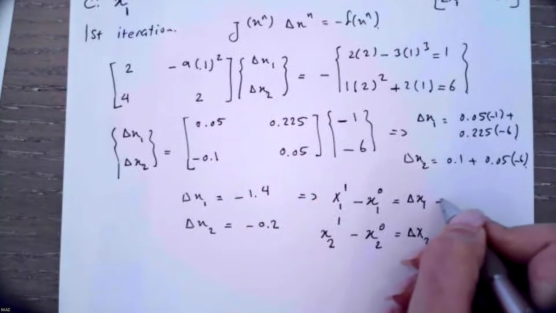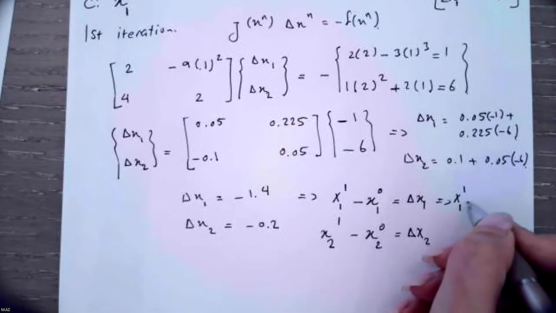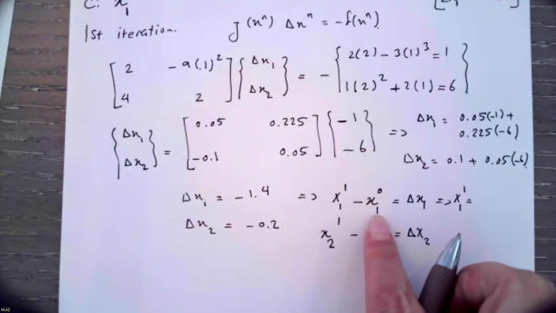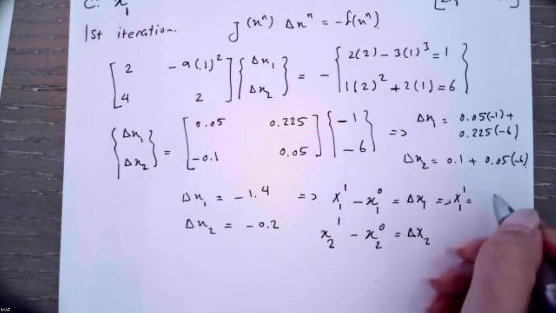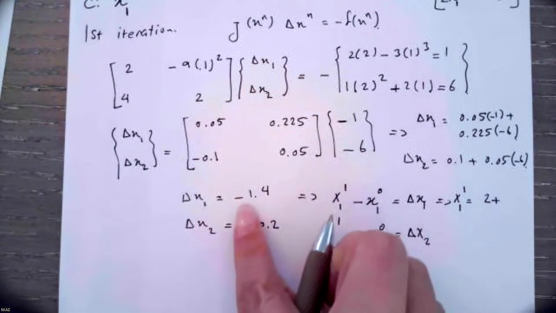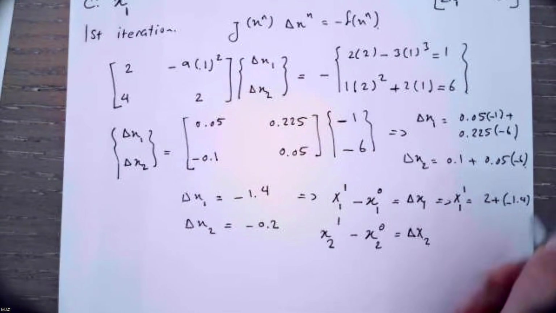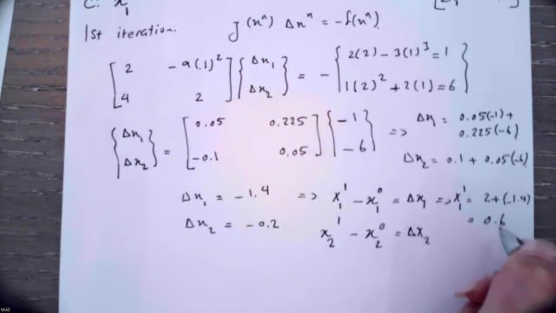Now we can say x1 for the first iteration is equal to the value of x1 for the initial guess, meaning 2, plus the delta x. The value is 0.6.